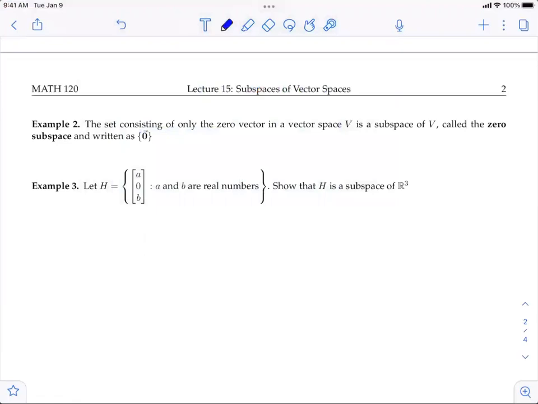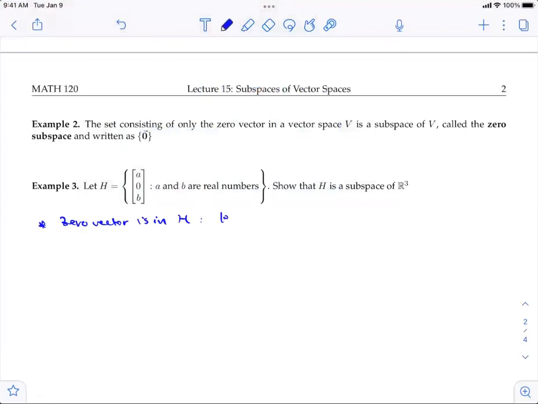So first you need to show that the zero vector is in H. Remember, a and b are real numbers, so a and b can be anything.